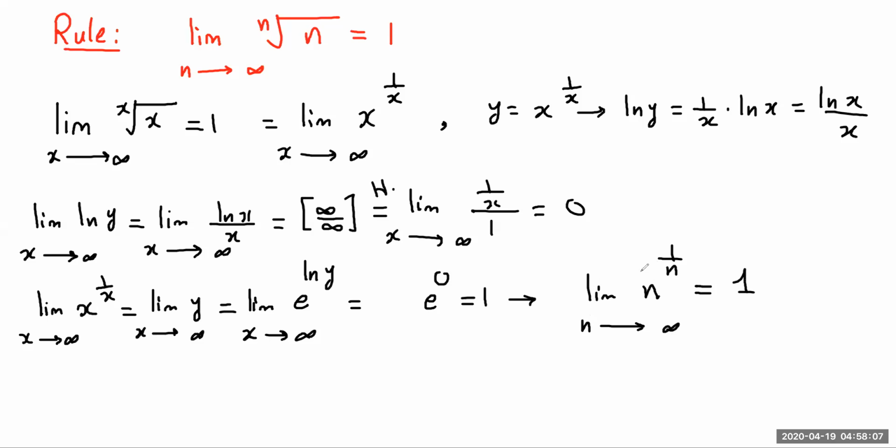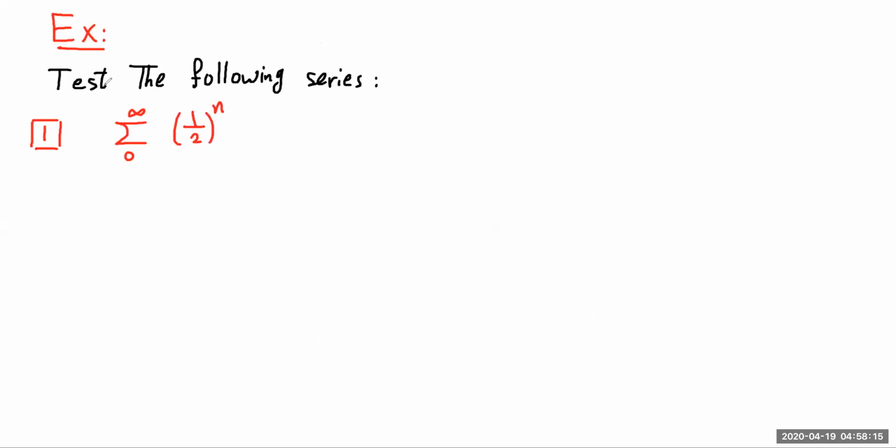So we have the rule here. We can use this rule in the next exercises. Test the following series. You know that this series is a geometric series, and we calculated its sum: it's 1 over 1 minus a half, so it's 2, so it converges.